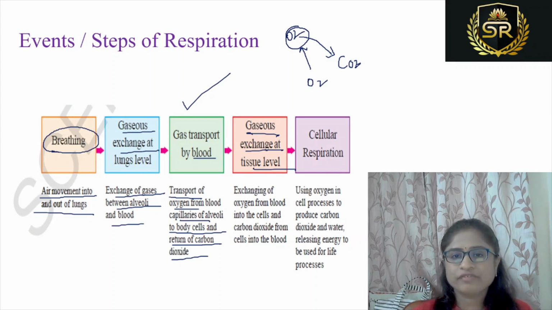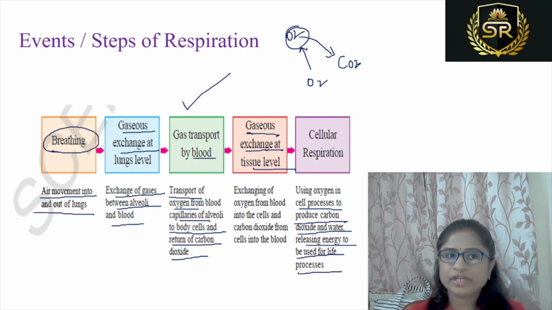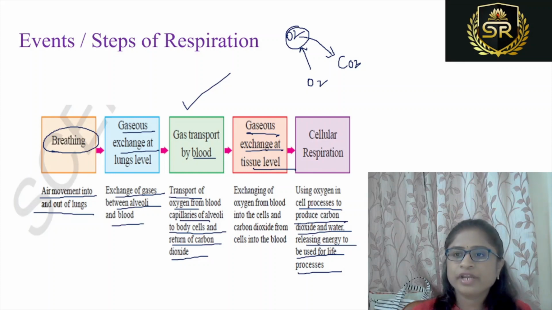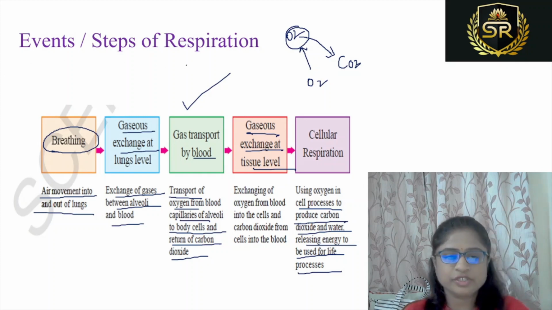And finally cellular respiration happens, that is using oxygen in the cell processes to produce carbon dioxide and water, releasing energy to be used for the life processes. In this way oxygen is used by each and every cell of the human body, producing carbon dioxide and water as byproducts and releasing the energy for the complete life processes of the animals. So these are the events or steps of respiration.